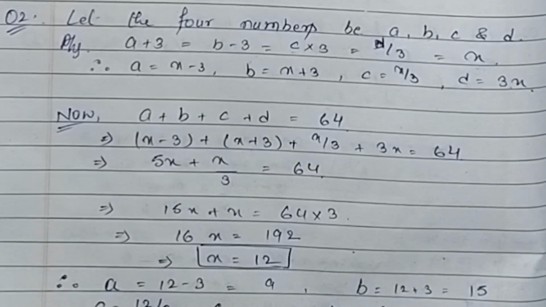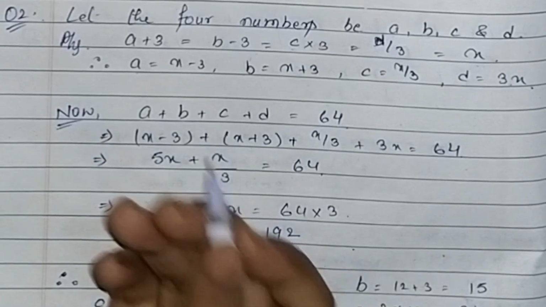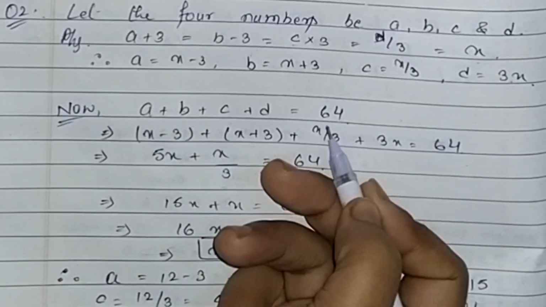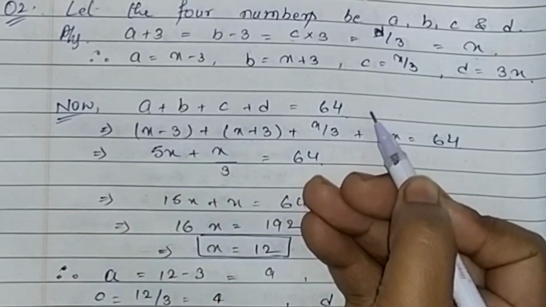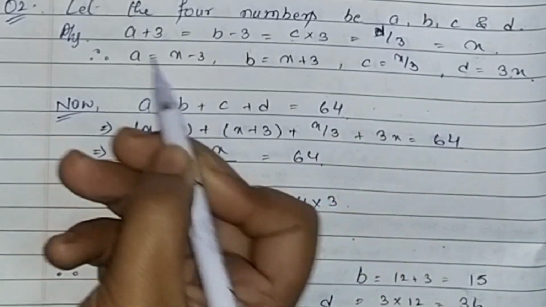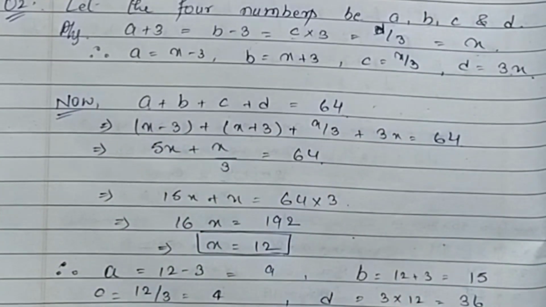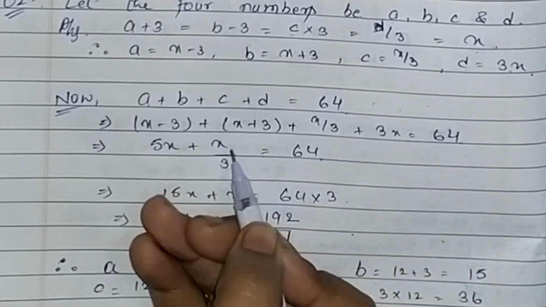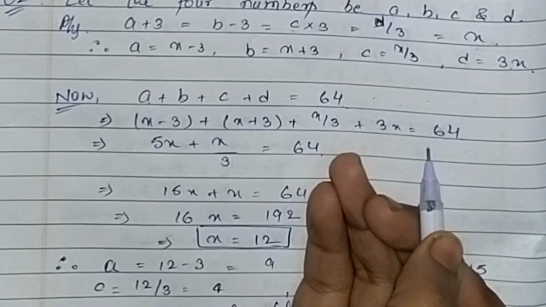So our first condition given is that the sum of four numbers is 64. That means A plus B plus C plus D will give 64 as the answer. So we will make the equation. We have already found the values of A, B, C and D in the form of x, so we will put those values into the given equation.